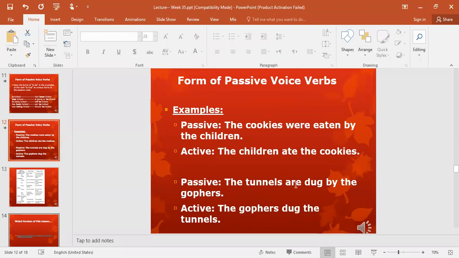The tunnels are dug by the gophers. Are here is a present verb, I mean are dug, okay? So the active form, the gophers dug the tunnels. So the tunnels are dug by the gophers, okay? Is it clear?